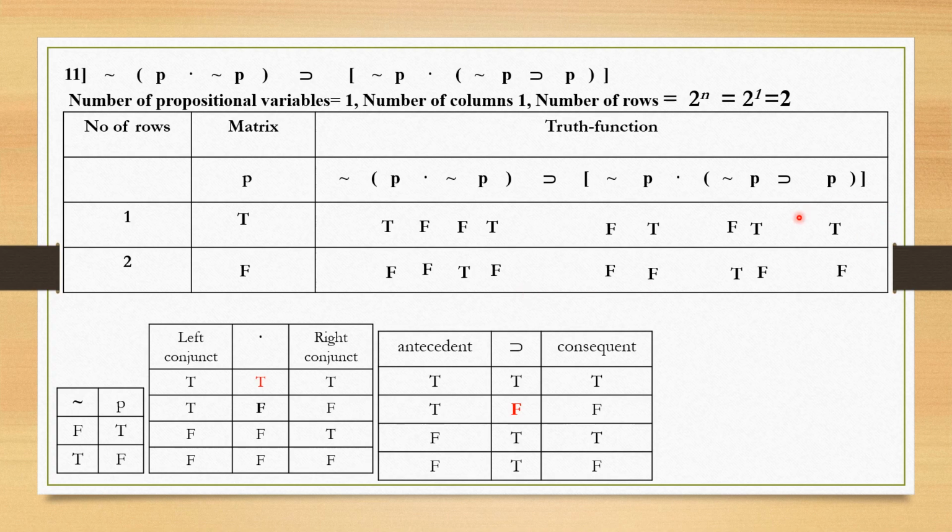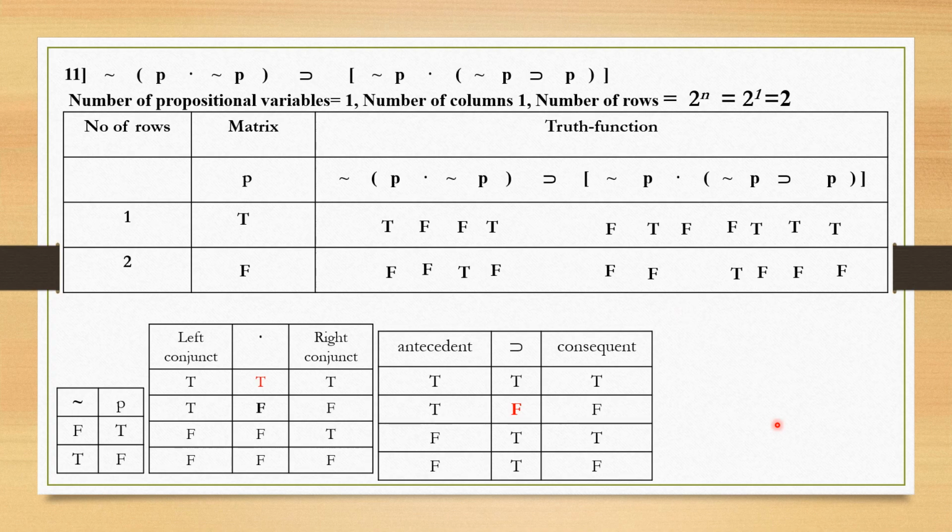We can solve this bracket also first. Left is false and the right is true, then it is true. Left is true and the right is false, means the antecedent is true and the consequent is false, then it will be false. Now you'll have to negate this bracket, or you can solve this also first.